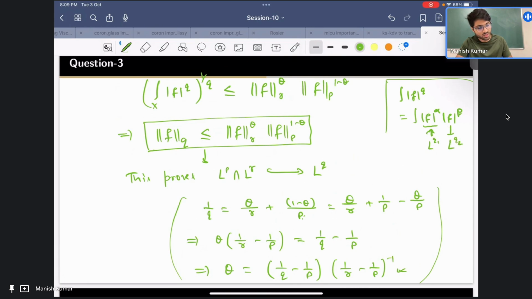You prove that q1 and q2 are conjugate exponents, using the fact that f is in L^P and f is in L^R. Then use Hölder's inequality and you will get that. The manipulation is just at this level, that's it.